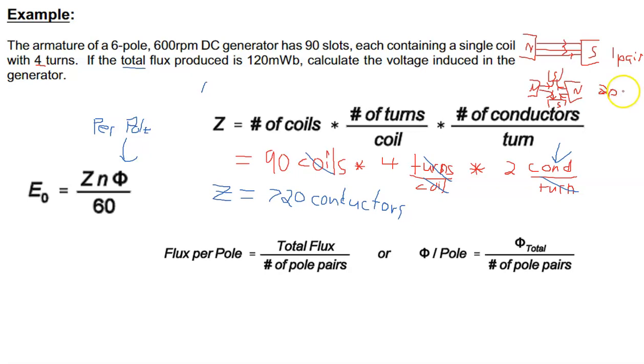So here we have a 6-pole machine, and so we have 3 pairs. The flux per pole is equal to the total flux divided by the number of pole pairs. So we have 120 milliwebers for total flux, and 3 pairs of poles, so we're going to divide that by 3 pairs.